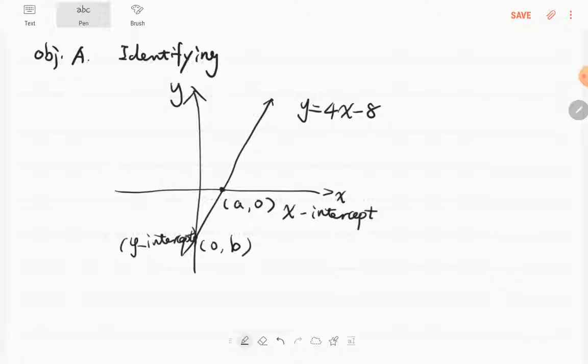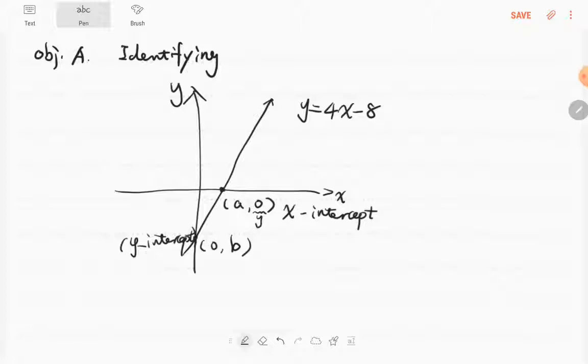Then we realize for any x-intercept, we could have a value (a, 0). So for any x-intercept, the y value is always equal to 0.